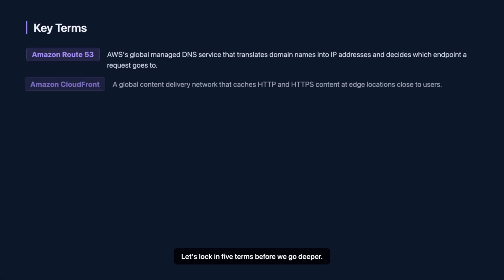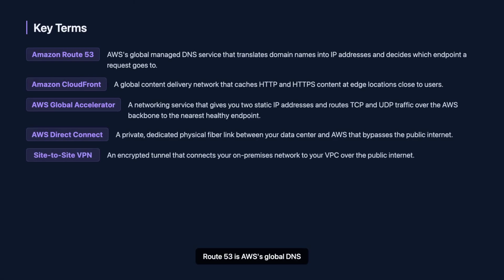Let's lock in 5 terms before we go deeper. Route 53 is Amazon Web Services' global DNS service. It translates domain names into addresses and decides which endpoint a request even goes to. CloudFront is the content delivery network that caches web content close to your users.